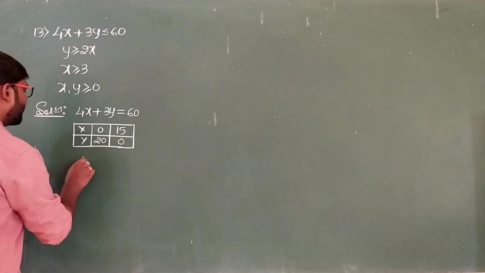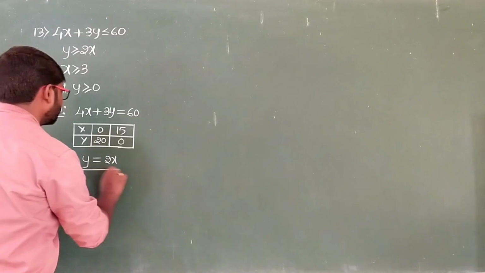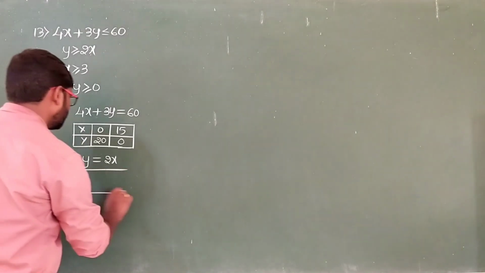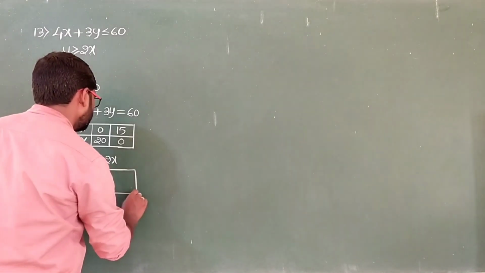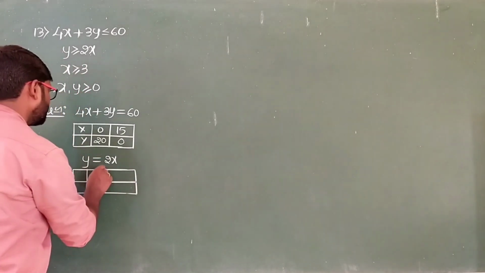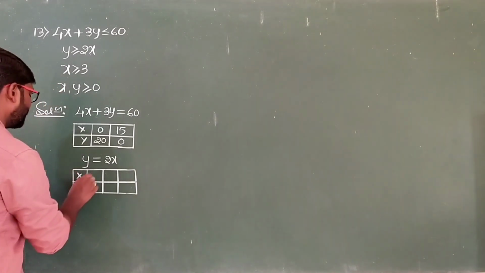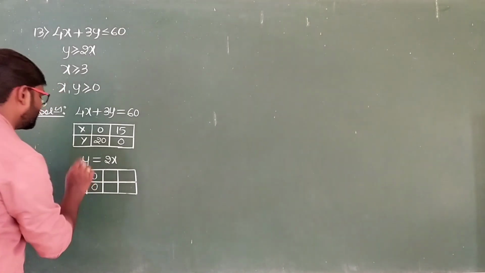Then y equals 2x. x, y: when x is 0, y will also be 0.